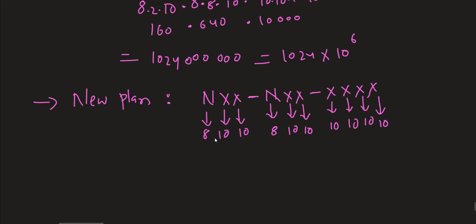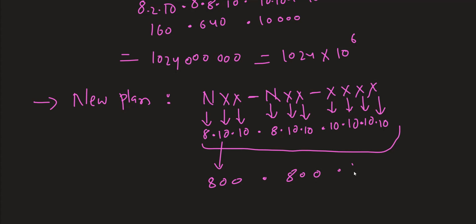Since this follows the product rule, all of them will be multiplied. The entire procedure of generating the telephone numbers using the new plan can be done in these many ways, which, if you do the calculation, will be equal to 800 times 800 times 10,000.